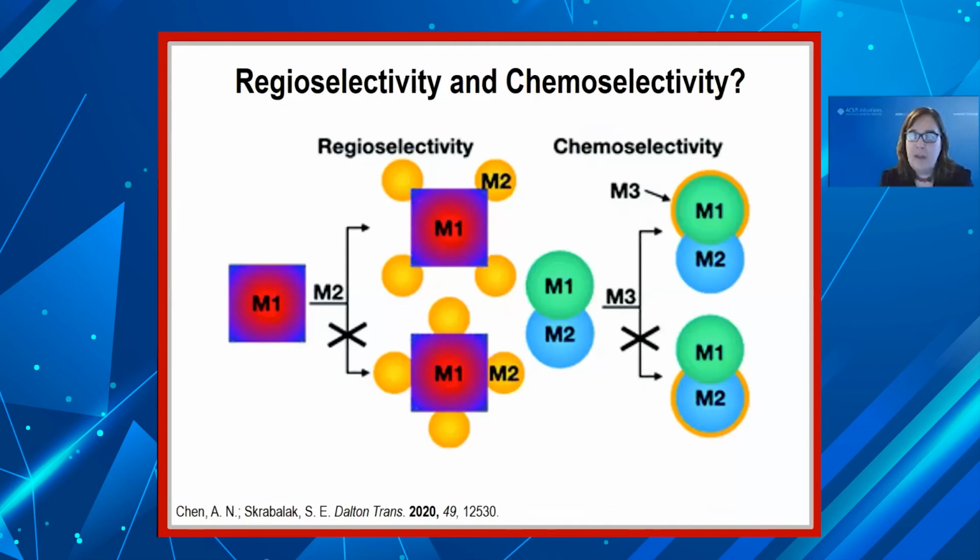So one thing that we've been particularly interested in more recently is the idea of how can we impart regioselectivity and chemoselectivity in seeded syntheses. So hopefully I've convinced you at this point that you can introduce greater compositional complexity and achieve quite complex nanocrystal forms with precision through manipulation of the growth kinetics and control of seed symmetry.